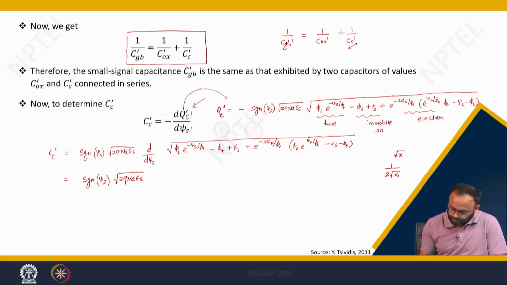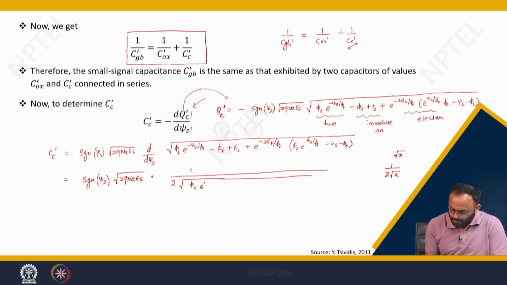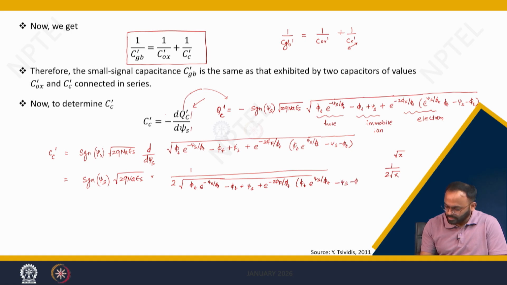So, we will use this as 1 over 2 times phi t e to the power of minus psi s by phi t minus phi t plus psi s plus e to the power of minus 2 phi f by phi t times phi t e to the power of psi s by phi t minus psi s minus phi t. This will all come in the square root. Now, you need to differentiate this quantity as phi t e to the power of minus psi s by phi t into minus 1 over phi t.